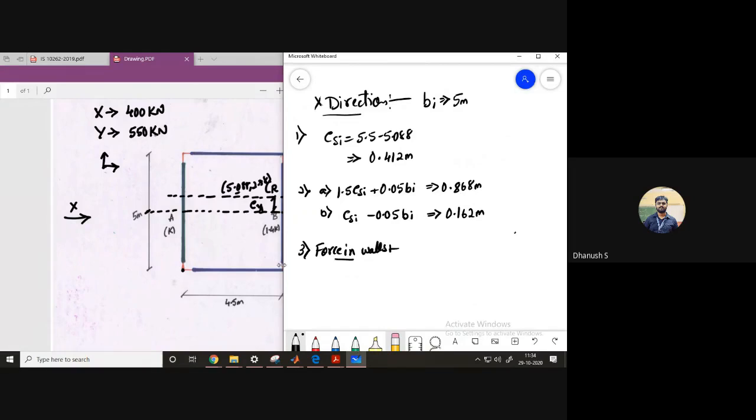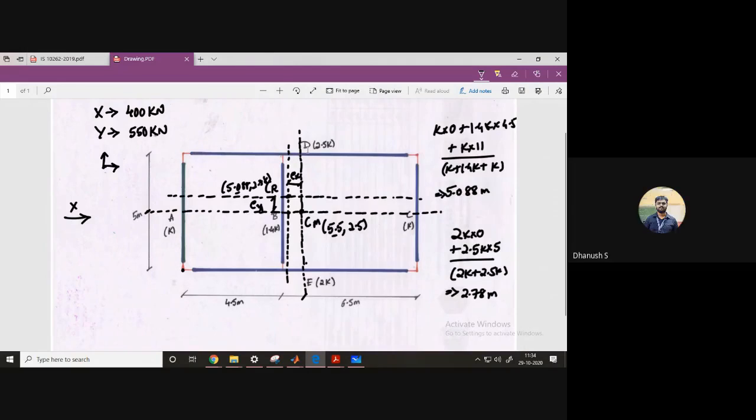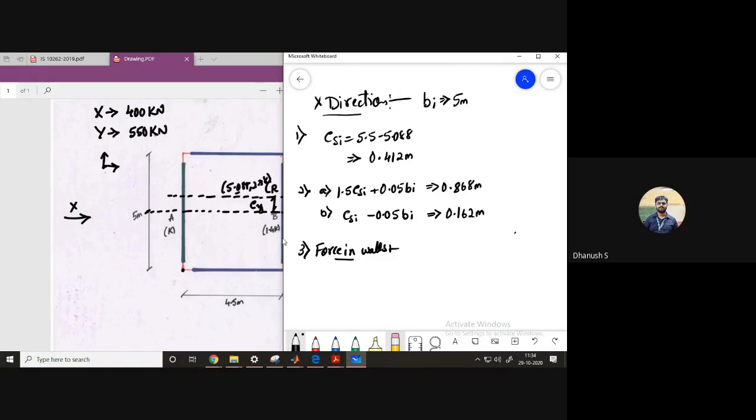What are the two walls along the x direction? D and E. Correct. To find FD, it is going to be KD divided by KD plus KE, into the force along x direction.